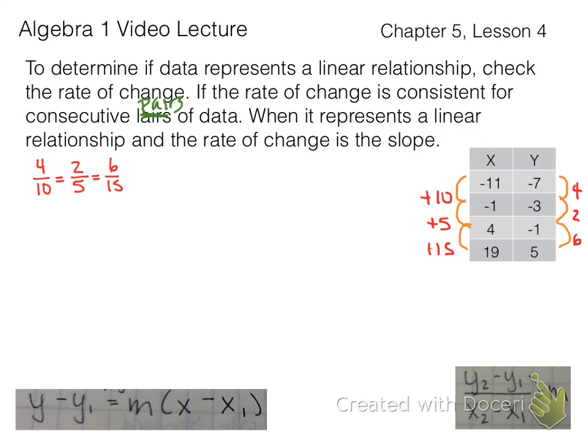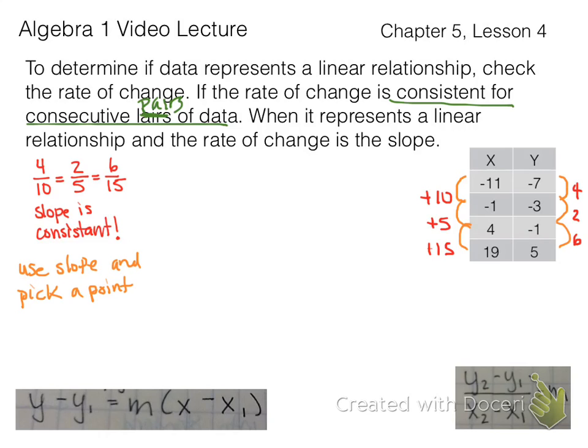So that means that the rate of change is consistent for the consecutive pairs of data. You guys see how that worked out? So this is what we will say, yes, it is a linear relationship. So now we need to figure out what the slope-intercept form is. Or, excuse me, not slope-intercept. We're doing point-slope today. So the slope is consistent. We're going to use the slope, and I'm going to use the most simplified slope.